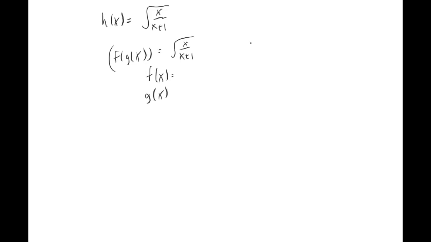What is my g? Think of the outer as the outside thing. So the outside thing is your square root, and whatever is inside is x over x plus 1. So you can check that f composed with g is this.